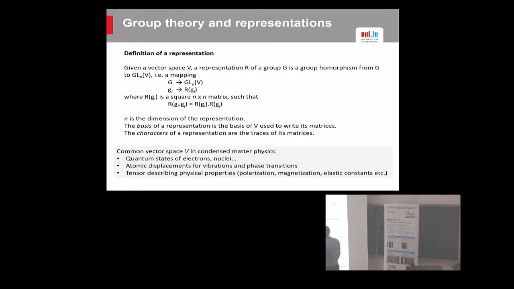You need your group, and the representation is just a mapping where to each element of your group you associate a square matrix written on your vector space, such that the structure of your group is preserved. So you're really taking your group of symmetry operations, which is an abstract object, and transferring it, so to speak, to a group of square matrices.